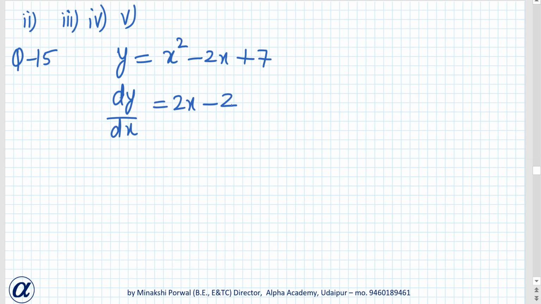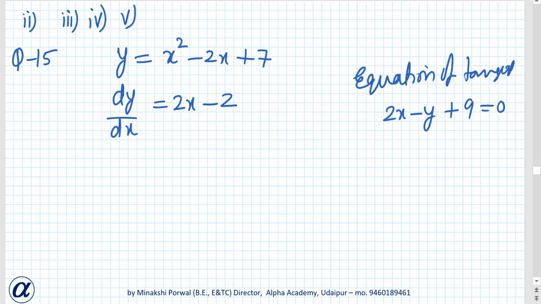The given line is 2x minus y plus 9 equals 0, so it can be written as y equals 2x plus 9.